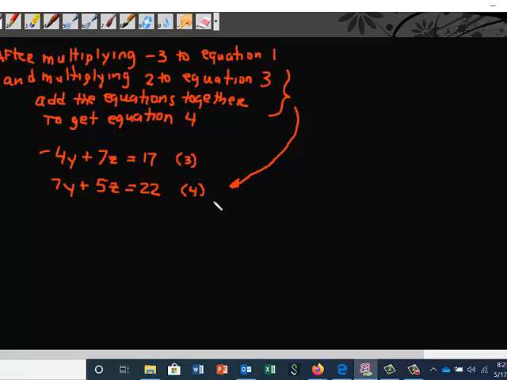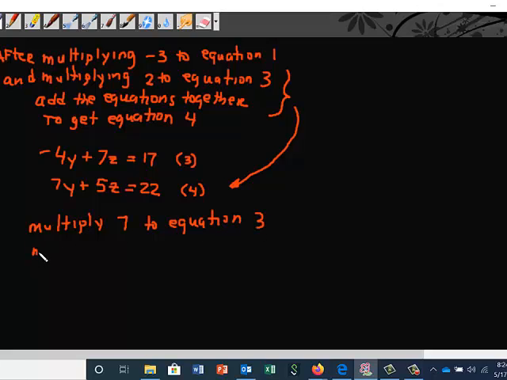Okay, so now continuing on, we want to multiply 7 to equation 3, right?